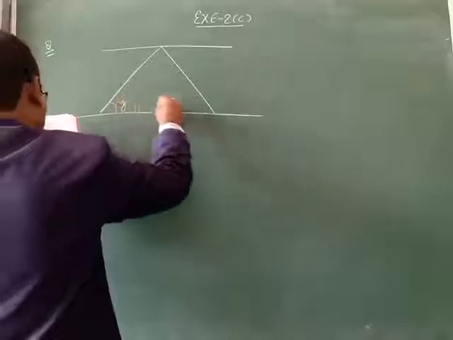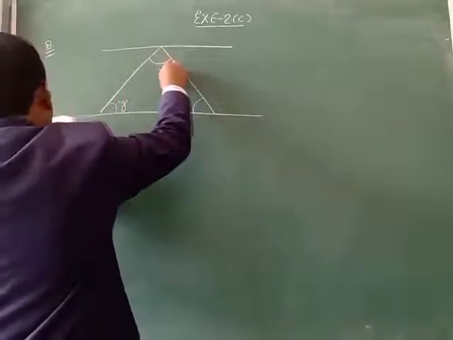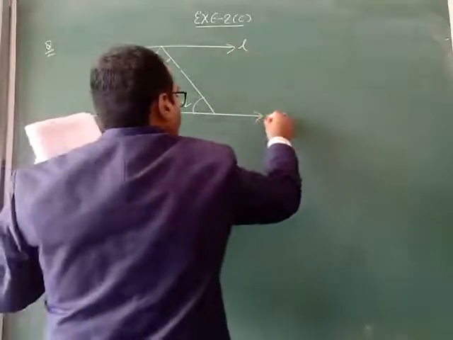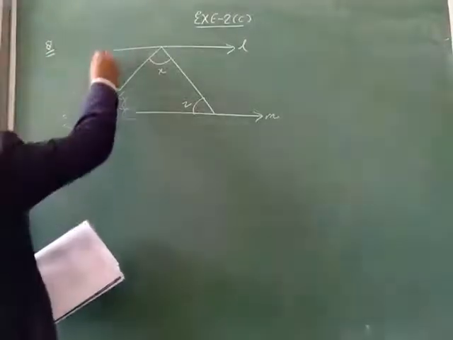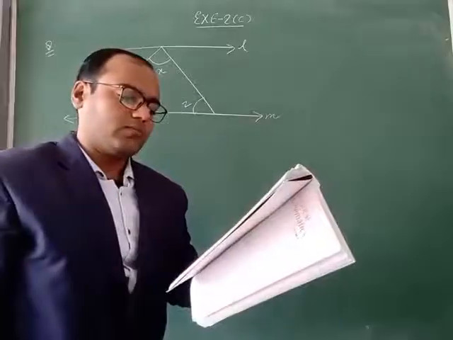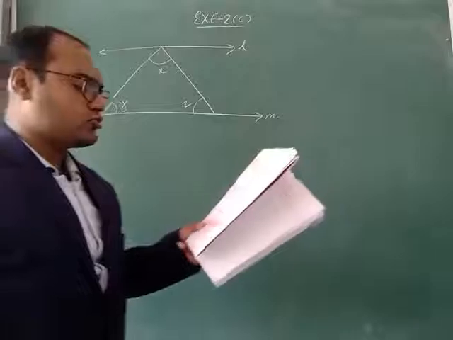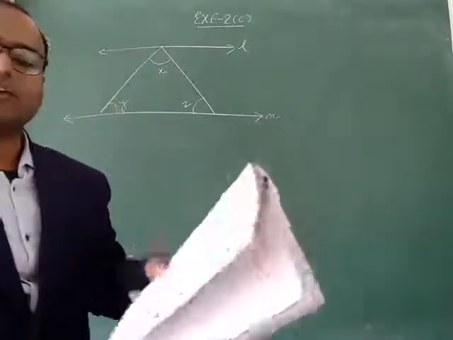Y, Z, X, L, M. L and M both are parallel lines. So we have to show, we have to prove that X plus Y plus Z is equal to 180.